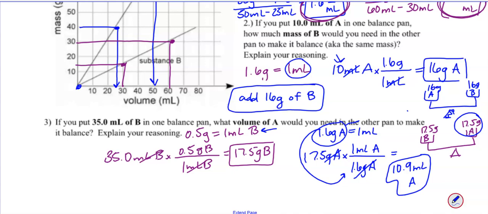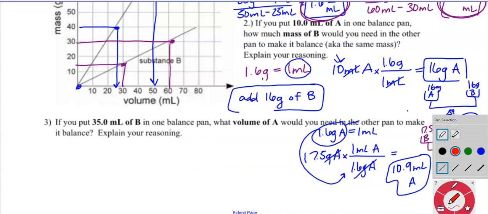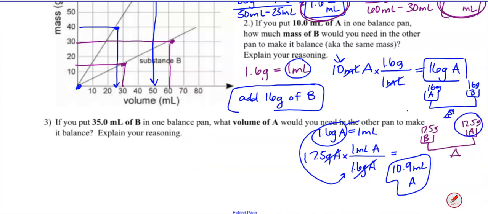And if you're like, I'm not convinced, I don't think that 10.9 milliliters of A is equivalent to 17.5 grams, well, let's prove it. My density should be, for every 1.6 grams of A is 1 milliliter. So if I do 17.5 grams of A over 10.9 milliliters, will I still get the ratio of 1.6 over 1?